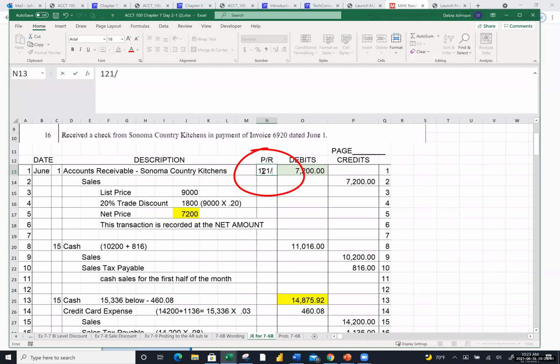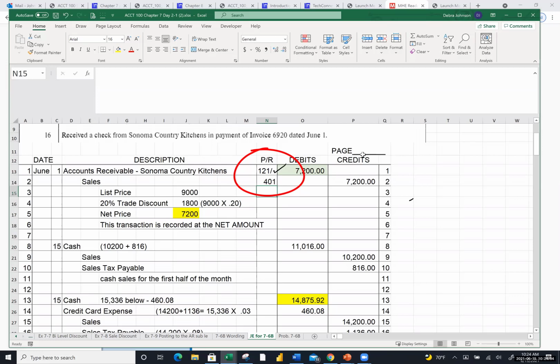It's too hard to make a check mark in Excel, so I'm going to make it with my pen. I'm going to try to. Okay. It's giving me a little bit of a hassle there. There we go. And my sales account number is 401.